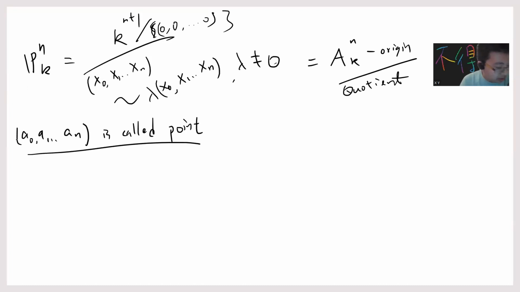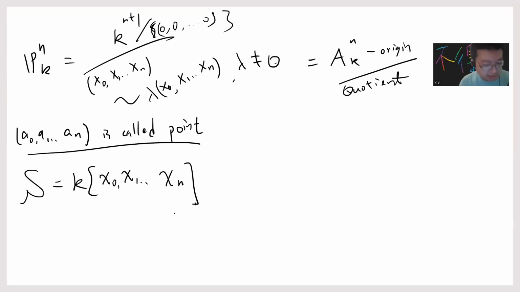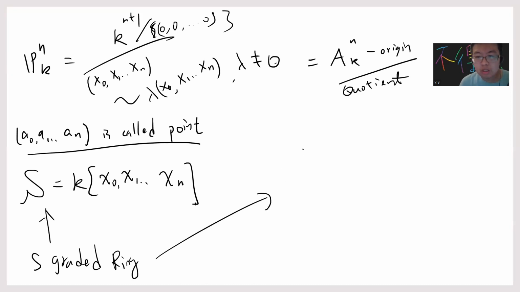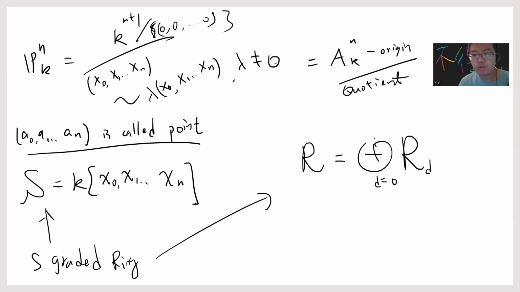Okay, so one can start and define S to be the polynomial ring K[x0, x1, up to xn]. Okay, so we view S as a graded ring. Okay, so what is a graded ring? A graded ring means that your ring can be decomposed, for every element, into a direct sum of R_d, and usually d must start from 0 to something.